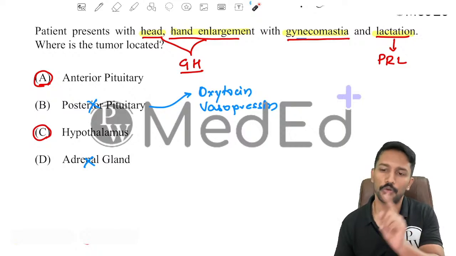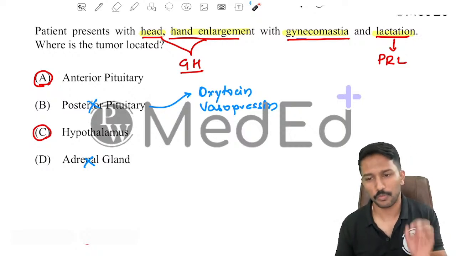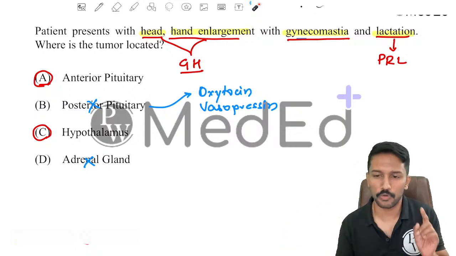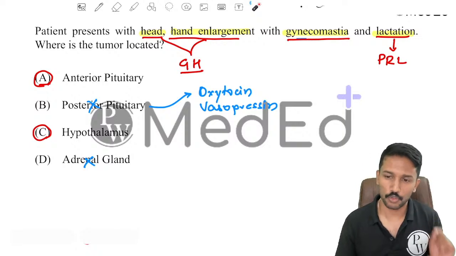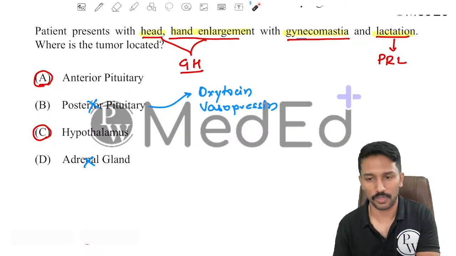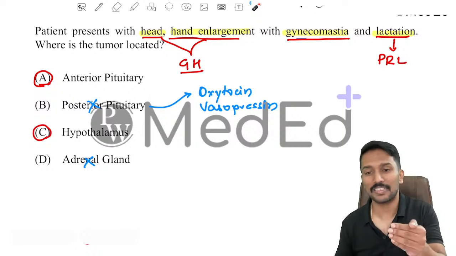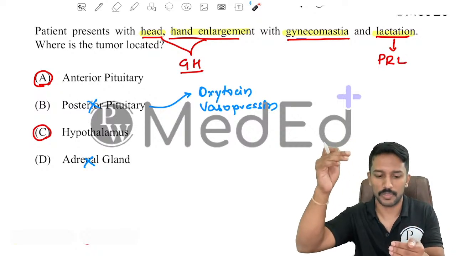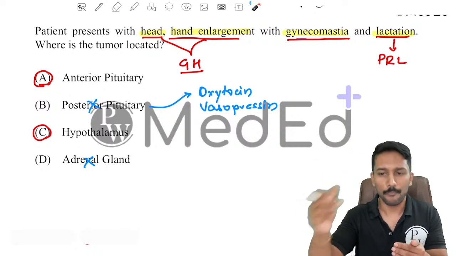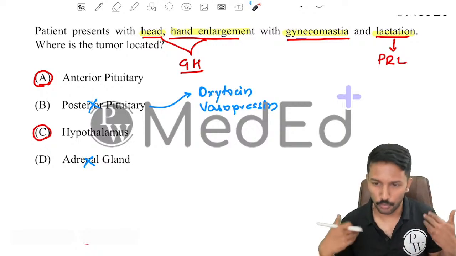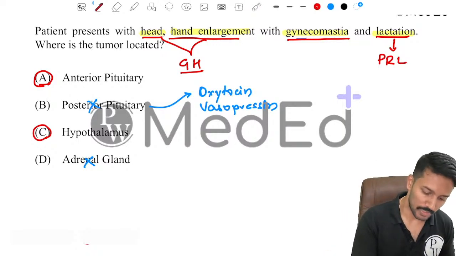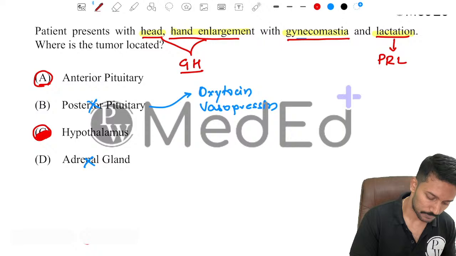Prolactinoma produces prolactin, somatotropinoma produces growth hormone, TSHoma produces TSH. They don't produce multiple hormones. So if you are seeing multiple hormones in excess quantity, the problem must be in the hypothalamus. The hypothalamic hamartoma may be the reason for pituitary trying to produce multiple hormones. So we have to place the answer at hypothalamus.